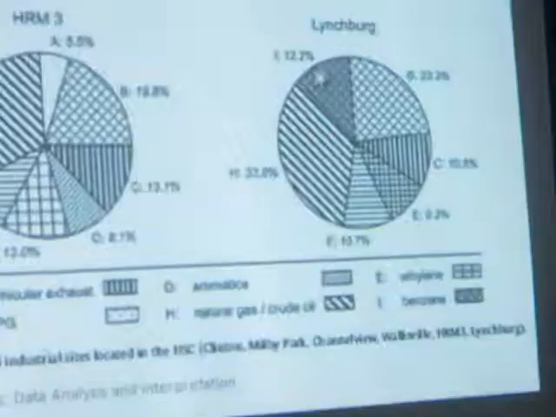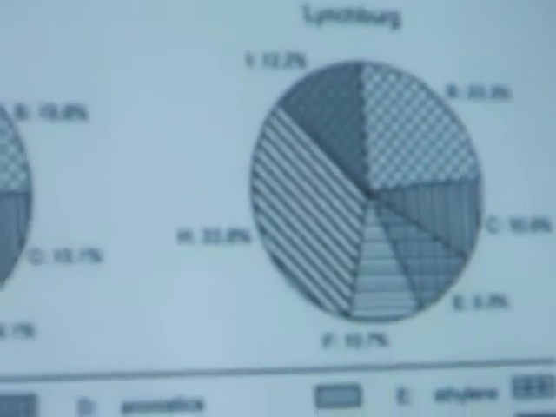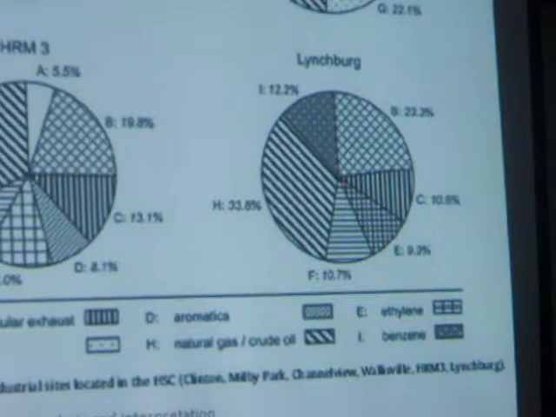But that is just a chunk of benzene that behaved differently than the other sources and didn't change in concentration the same way that other sources did. So that's a separate factor that it pulls out in this model. This only has 6 factors that it identifies. But there is no aromatic in this location.